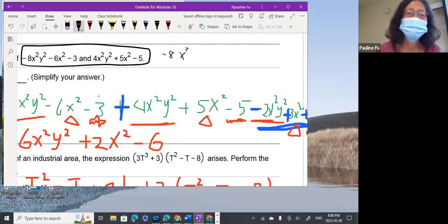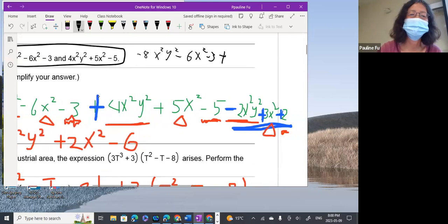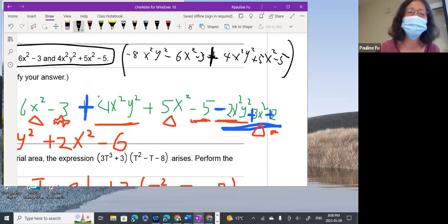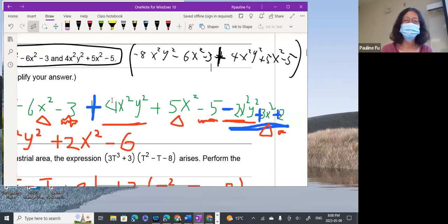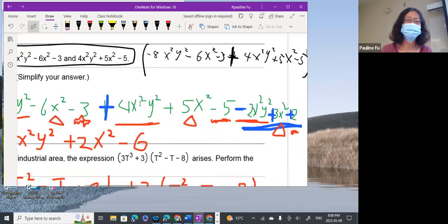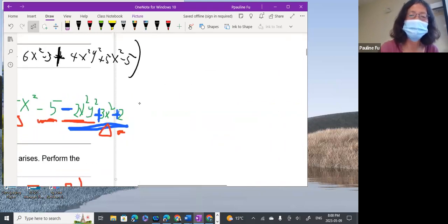-8. Sum means plus this one. And this is the sum of the two polynomials, and then subtract this one. So subtract.